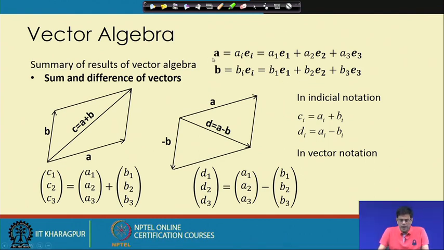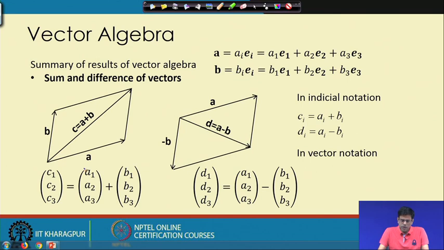As we have seen, we have introduced the indicial notations. Any two vectors A and B can be written in this form, and the geometric interpretation of vector sum and vector subtraction is this, which is very well known to us from our basic vector knowledge.